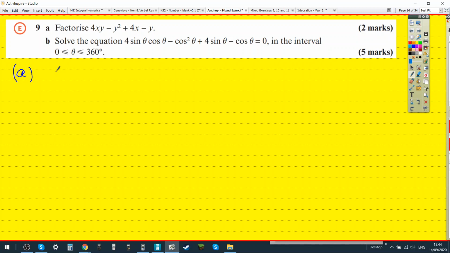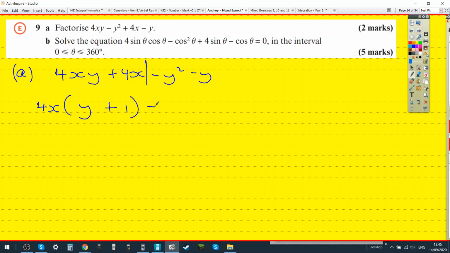Factorize it. 4 things. What we could do is put these 2 together and then put these 2 together. So what would you get if you factorized the first 2 terms into a linear? Would you get 4x and then y plus 1? And how could you factorize the second ones?